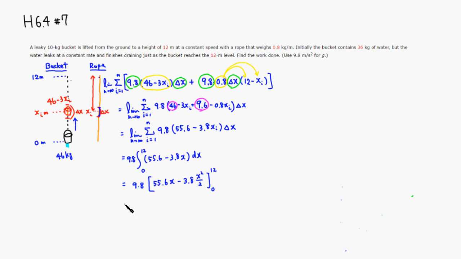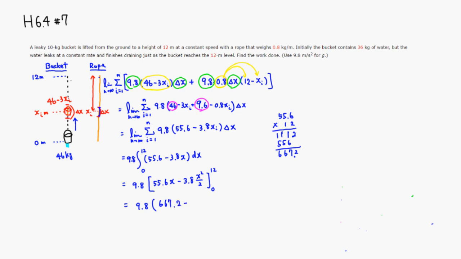So this is going to be 9.8 times, and this is a little tedious here. We do 55.6 multiplied by 12, which gives 667.2.